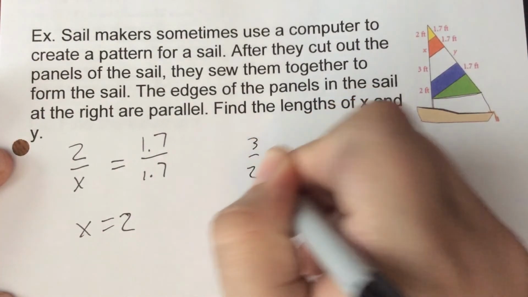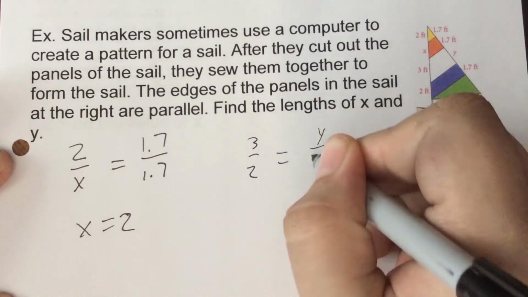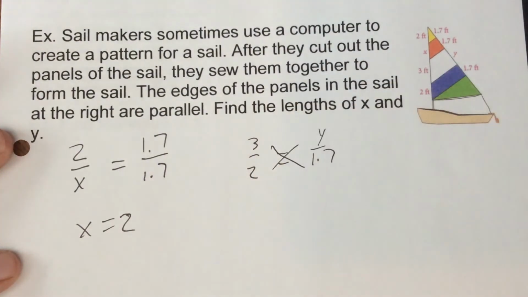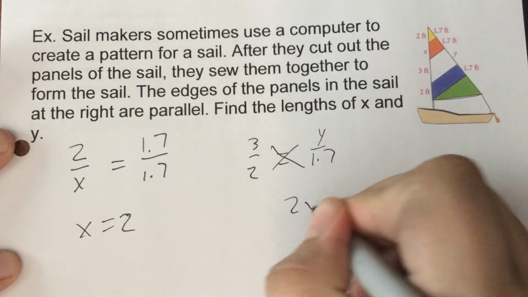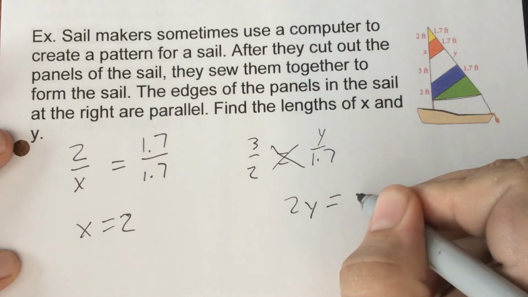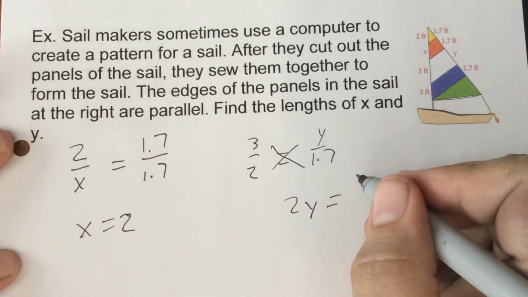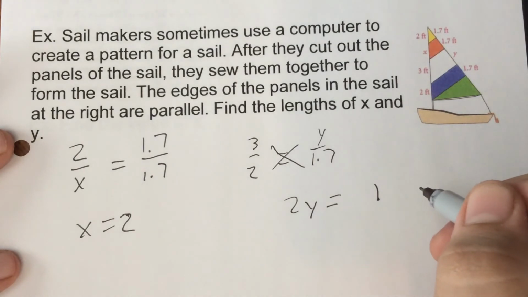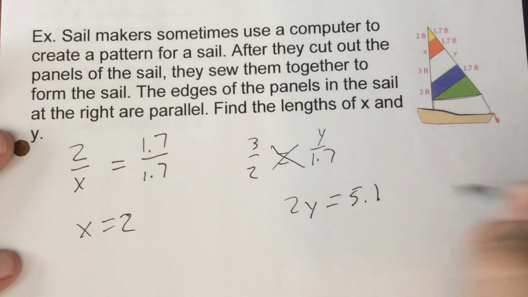For y, we're going to use these 2 and these 2. So 3 over 2 would be y over 1.7. Here it's not quite a matchup, so we do our cross multiplying and solving. 2y would equal 1.7 times 3, which is 5.1.